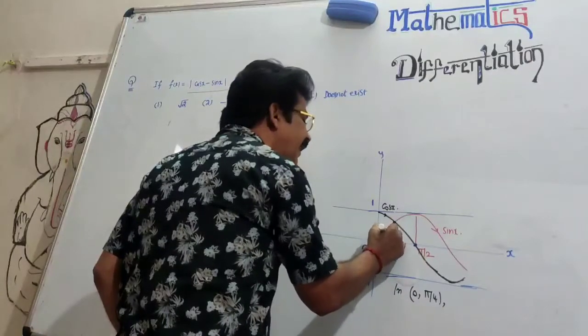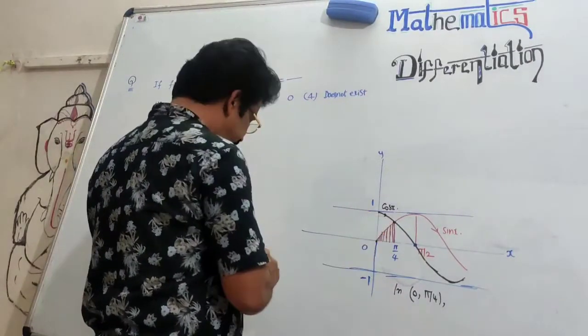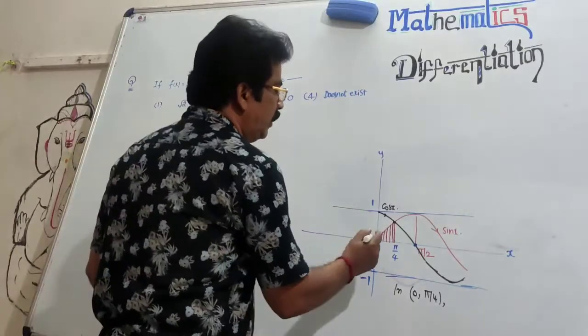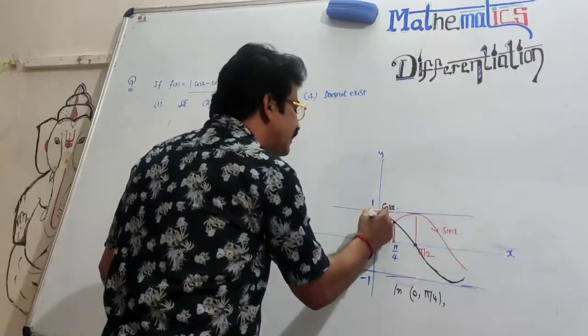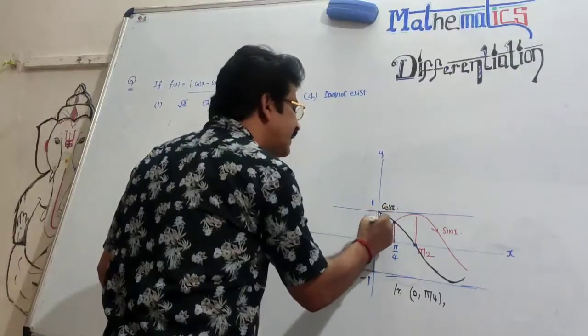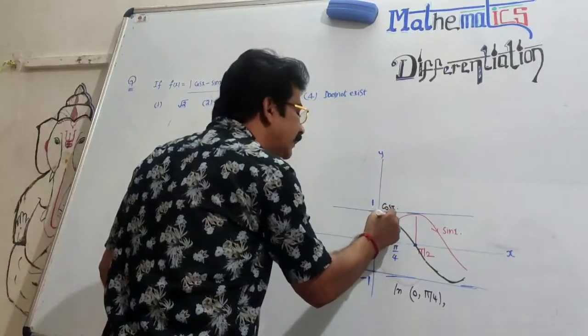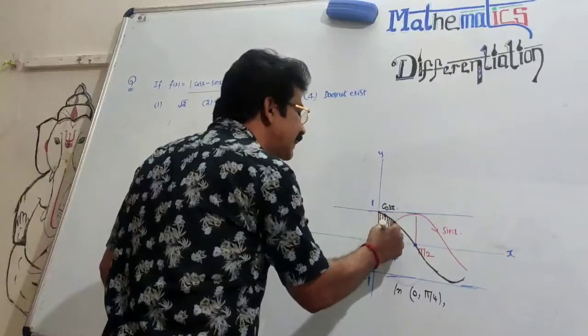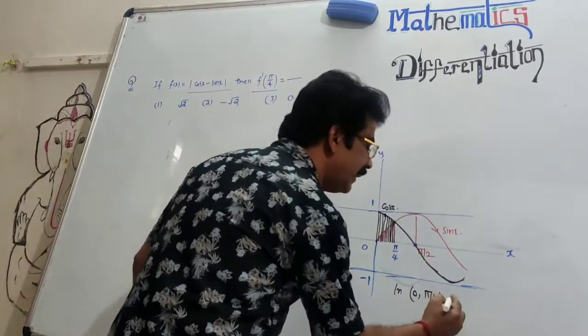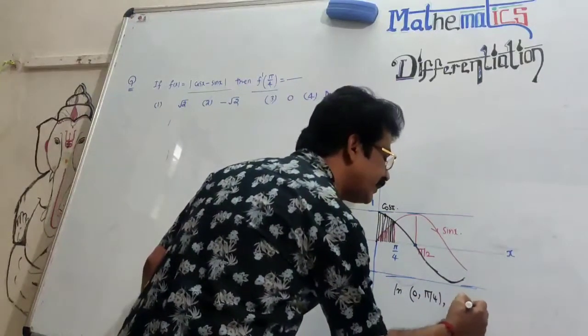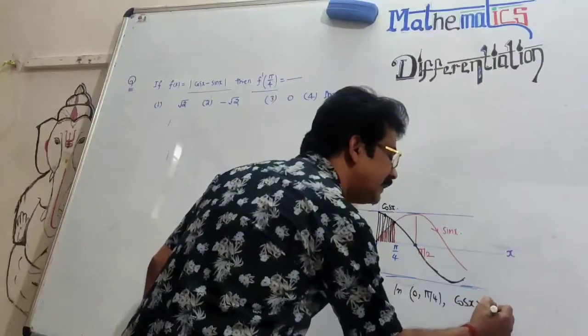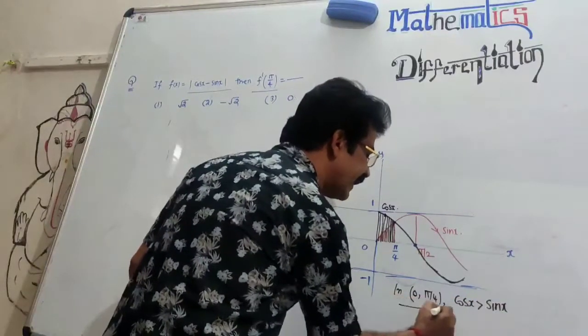This is the least area. This one is the greatest area. So this black area is greater than that red area. Understand? That's why we can say that cos x is greater than sin x in this area.